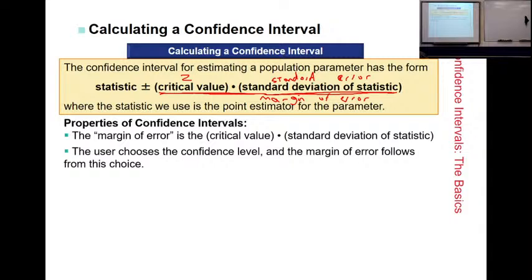If a problem asks you to make a confidence interval, it's going to tell you to make a certain percent confidence interval. And the margin of error follows from this choice. More specifically, the critical value is going to entirely depend on what the confidence is. Is it 90%, 95%, 80%? That determines our critical value, and in turn determines our margin of error.